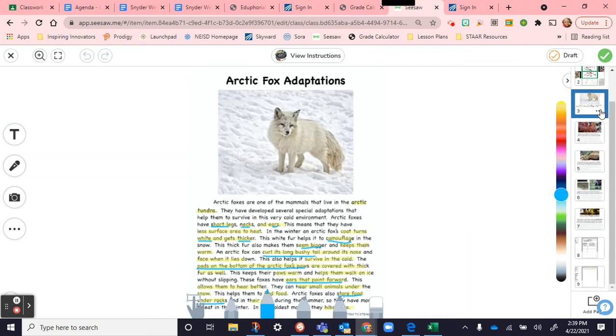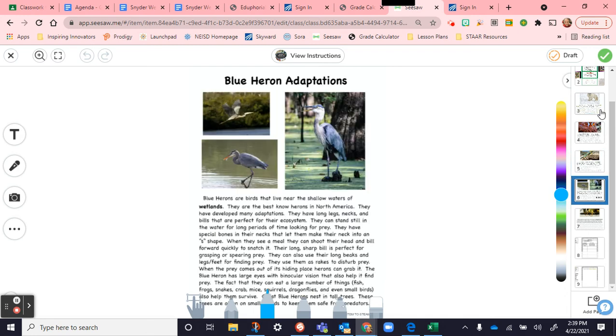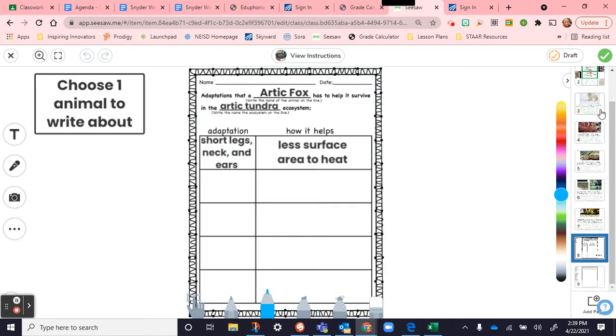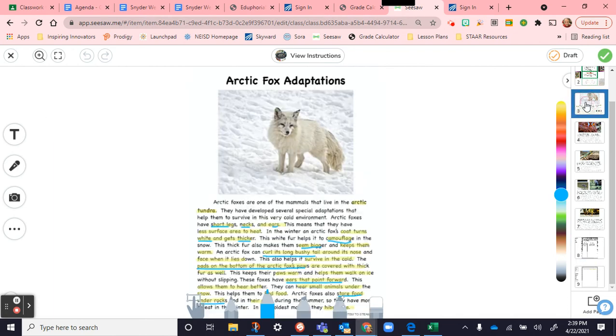So yesterday we read through these, and just like I did the example here with the Arctic fox, we're highlighting. So on the clownfish, the collared lizard, the blue heron, the yellow jackets, you should have gone through each one of those and highlighted those adaptations. Then today you need to pick one. So don't pick the Arctic fox since that was my example.